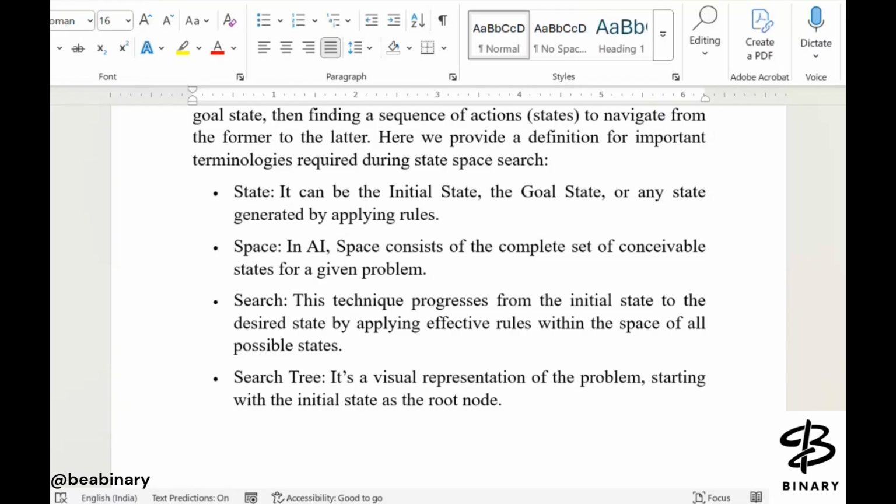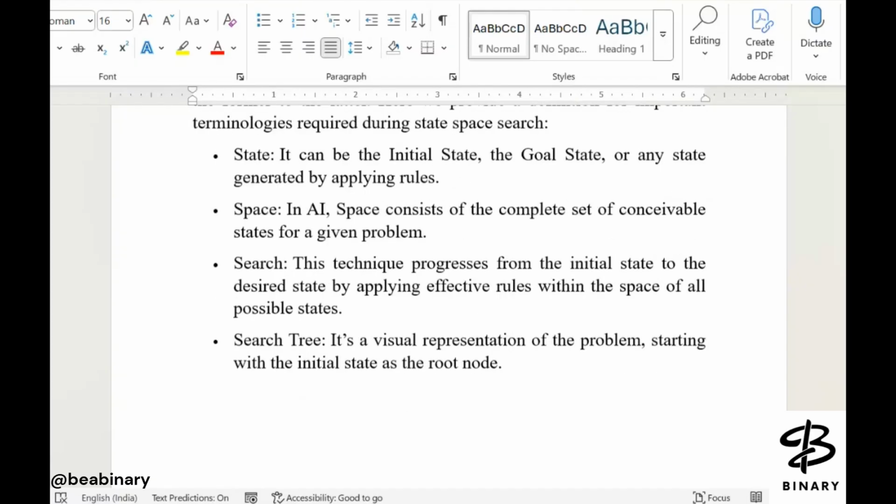Then what is a search? This technique progresses from the initial state to the desired state by applying effective rules within the space of all possible states. In between, we will search for a particular goal state also. Then the search tree. It is a visual representation of a problem starting from the initial state, the root node, to the goal state.